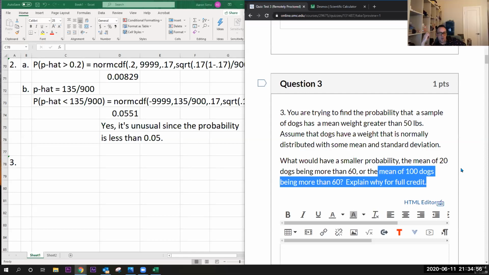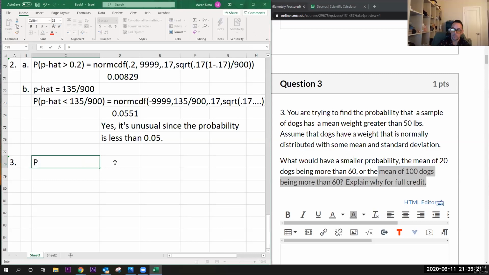Okay. Let me see. So what are you saying, Caleb? Let me rephrase. Go for it. I would say that the smaller probability would be the mean of 20 dogs being more than 60.